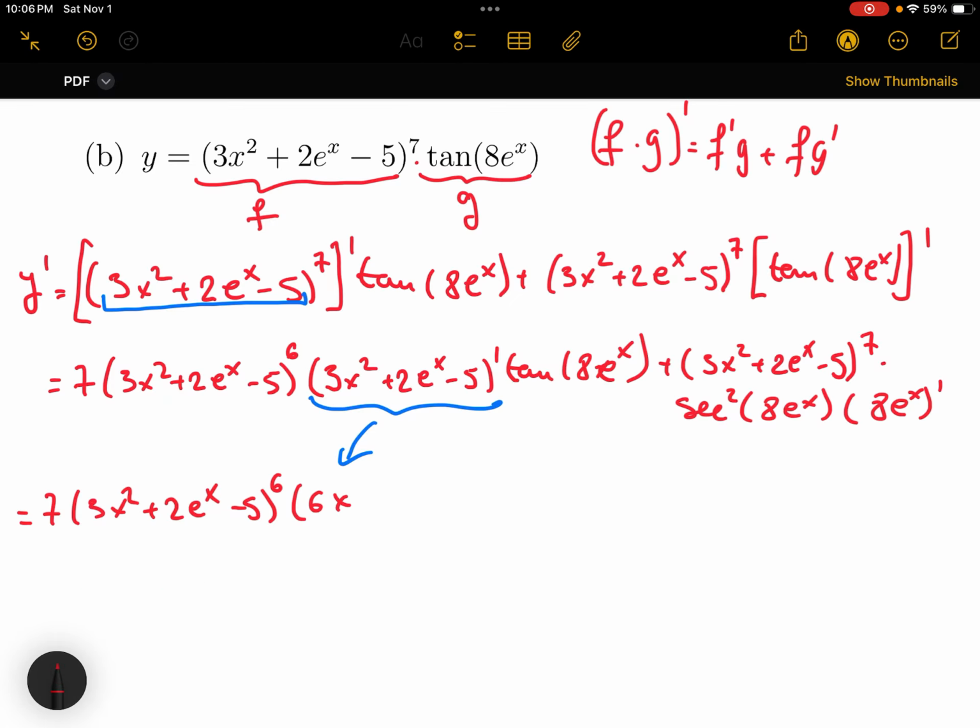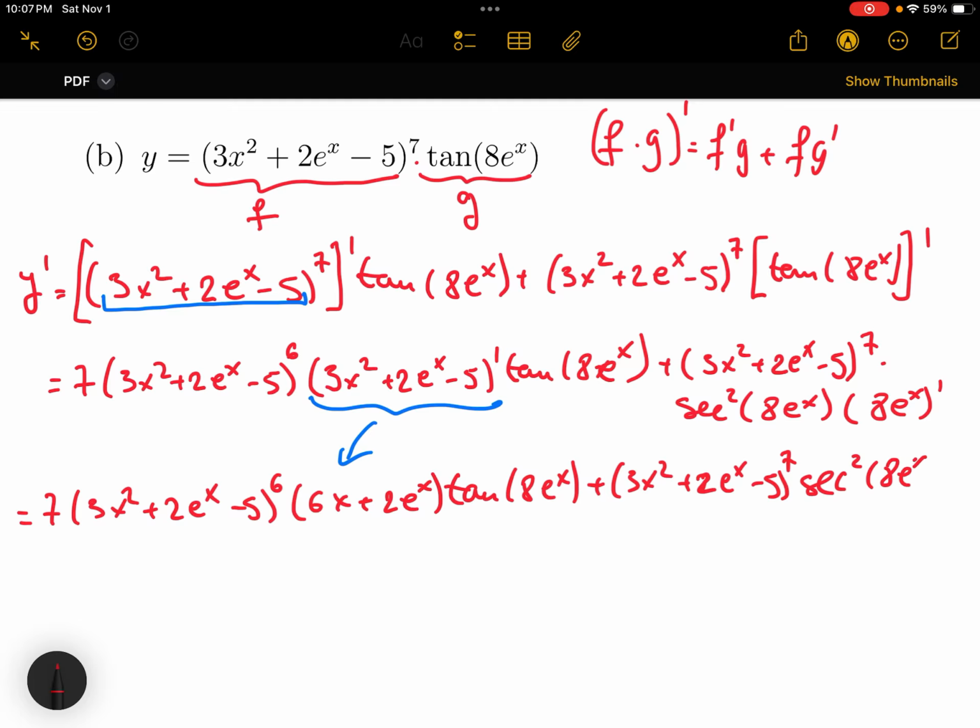That's 6x plus 2 times e to the power of x, derivative of 5 is 0, times tangent of 8 e to the power of x, plus 3x squared plus 2 e to the power of x minus 5 to the power 7 times secant squared of 8 e to the power of x times this derivative here, which is simply 8 times e to the power of x.